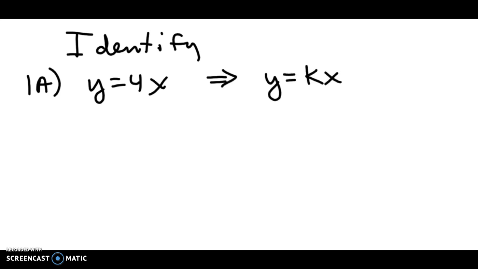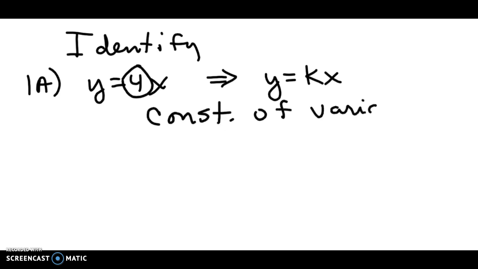And of course, it is. This direct variation equation is in the form y equals kx, and we can locate that value k, which we call the constant of variation. It constantly varies by a factor of 4.